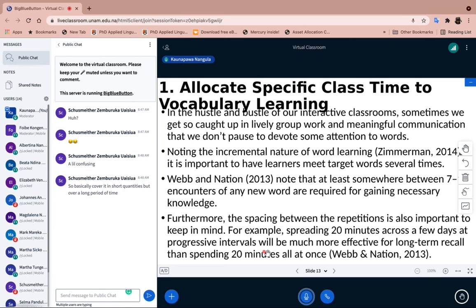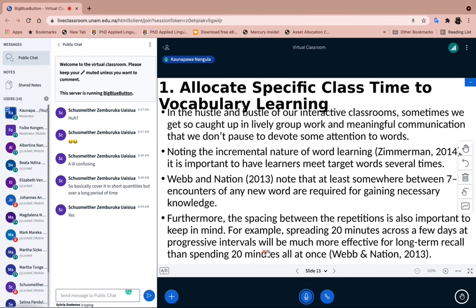You shouldn't do that. What you should do is spend a few minutes in one class, and then after a few days, come back to this word, and spend a few minutes again as a review. And then after a few days again, spend a few minutes, like 5 to 10 to 20 minutes. Do you understand?